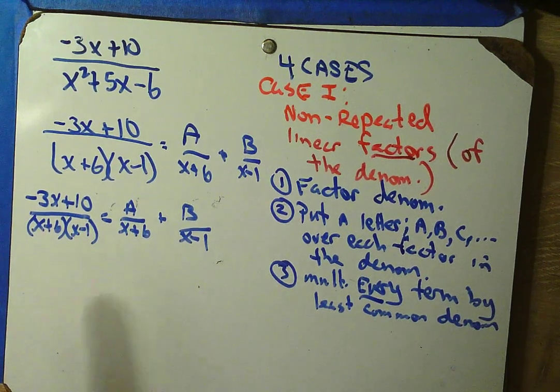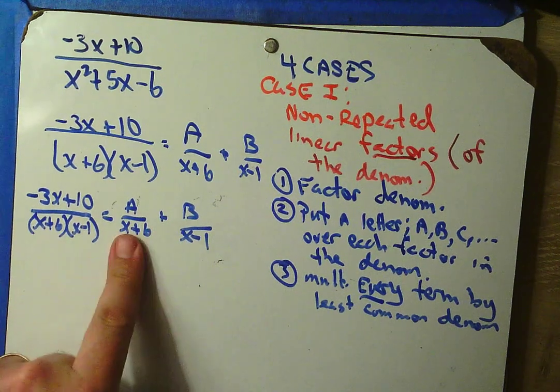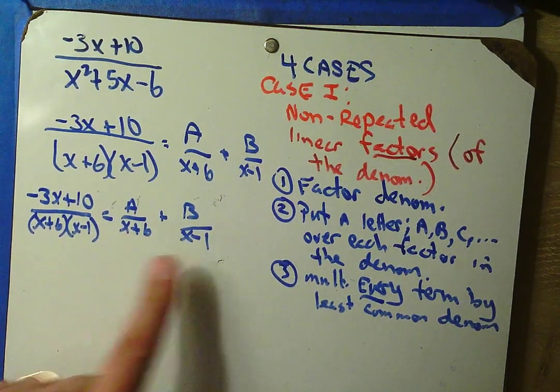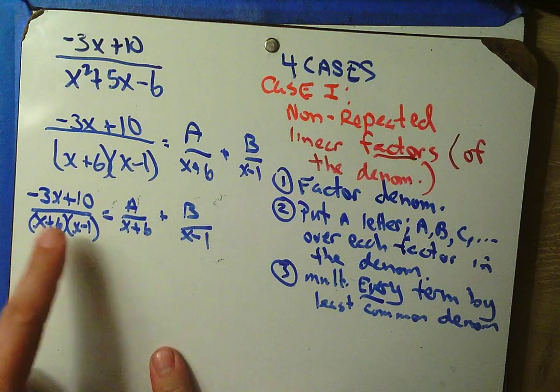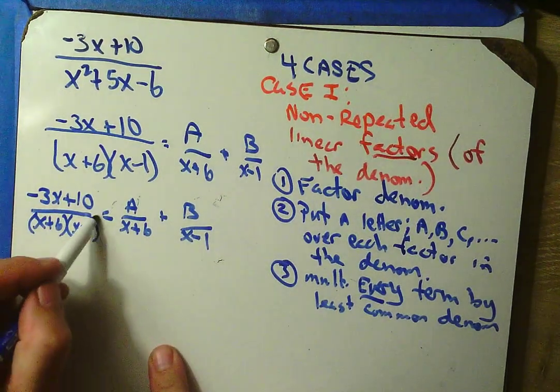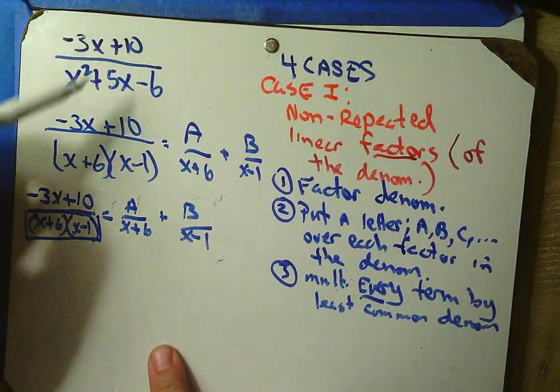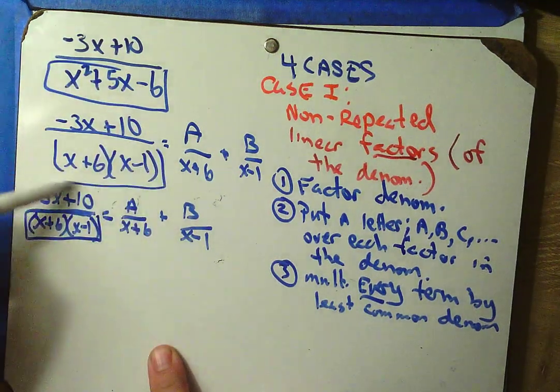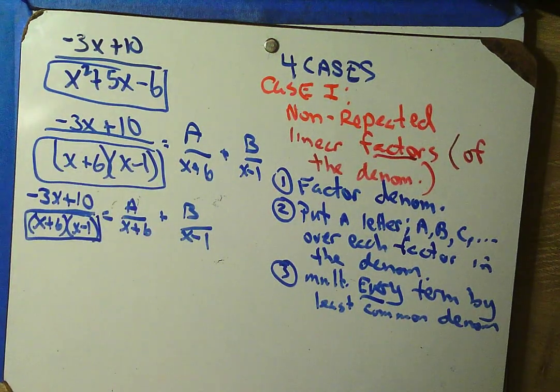The least common denominator is not all this times this times this. The least common denominator is this. Our least common denominator is always going to be our original denominator. Okay? Always use that original denominator. It is the least common denominator.